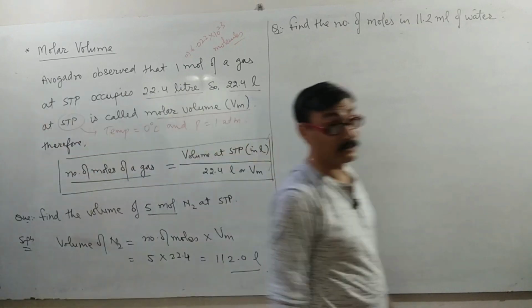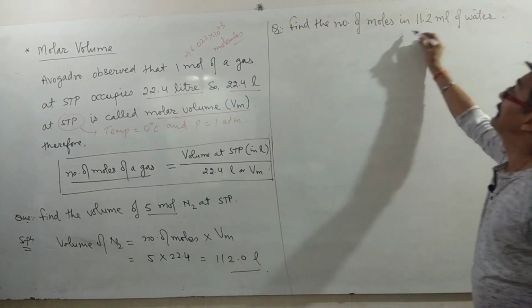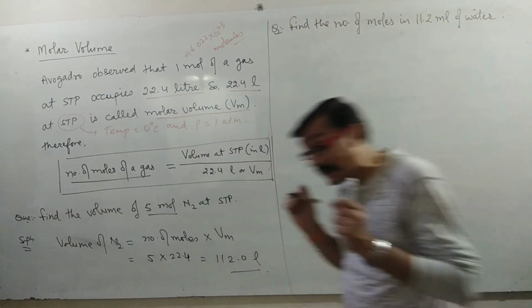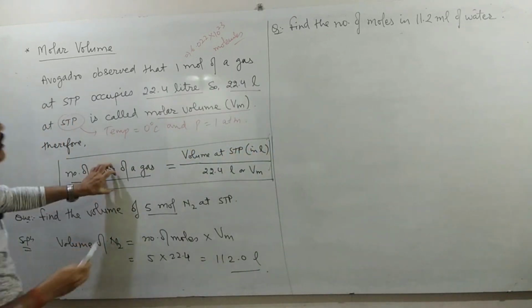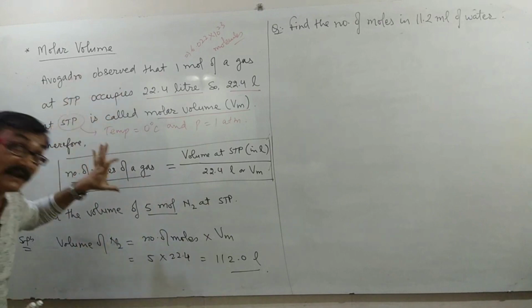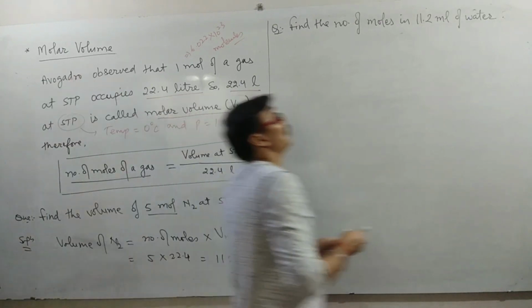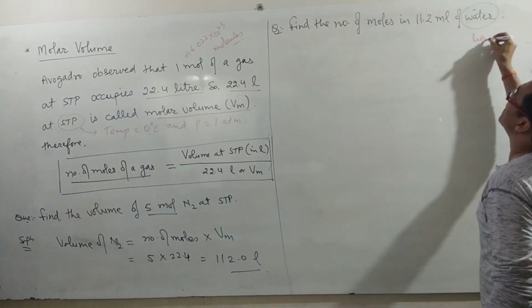Now another question. Find the number of moles in 11.2 ml of water. Carefully observe that this formula or this concept is valid only for gases, and we know water is not a gas, it is a liquid.